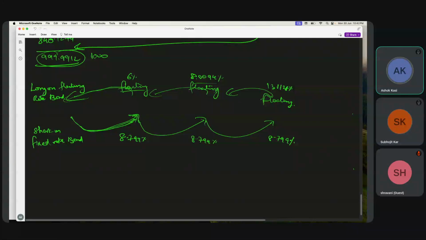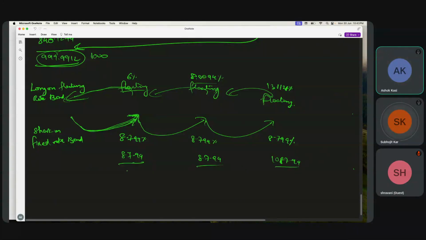That means you have to pay here. If it is a 1,000 rupees bond, you would have paid 87.99, and you would have paid 1,000 as well. So 1,087.99.